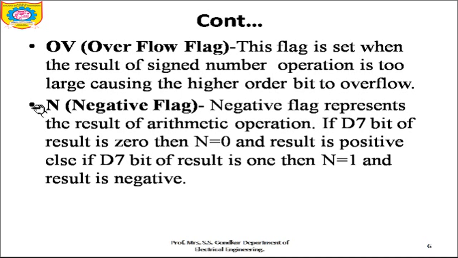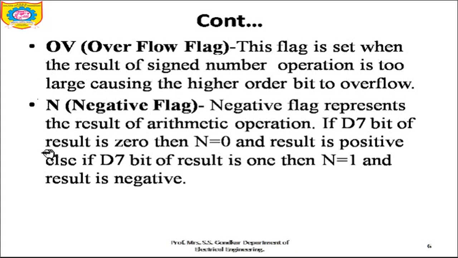Then the next one is the negative flag. The negative flag gives us the sign of the result of an arithmetic operation. If the D7 bit of the result is 0, then N is equal to 0 and the result is positive; else if the D7 bit of the result is 1, then N is equal to 1 and the result is negative.